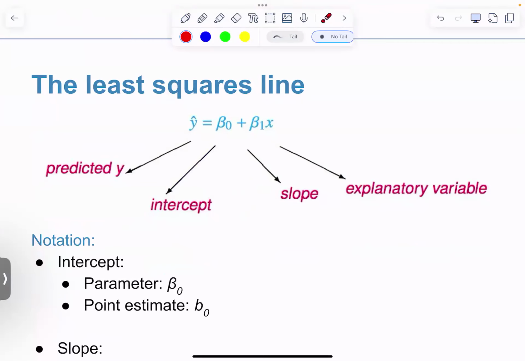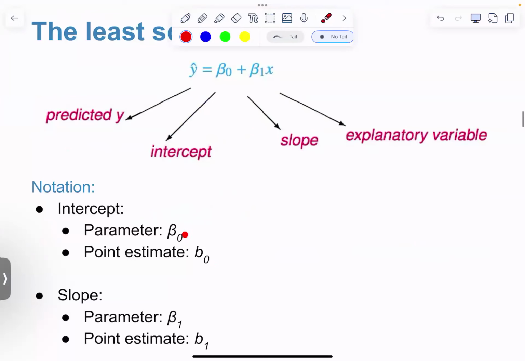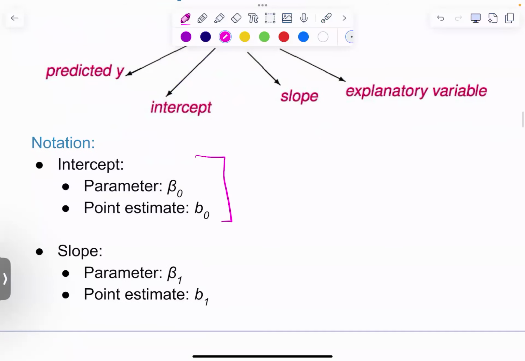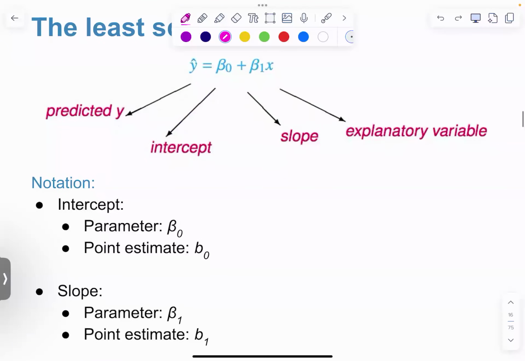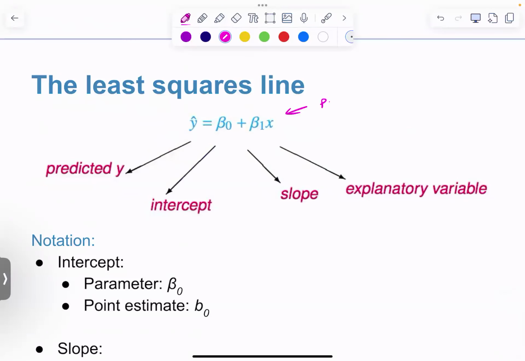And so the parameter beta naught is the intercept, and beta 1 is the slope. This is for the population, right? And so parameters are for the population. This is the population line of best fit.